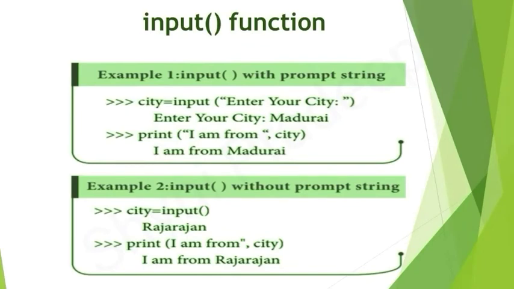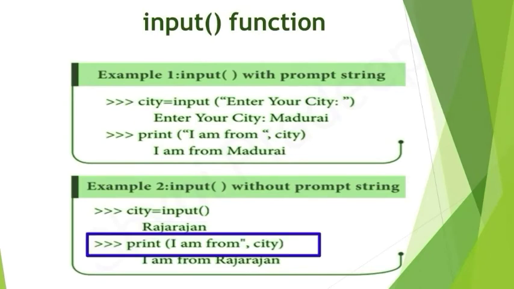So no message is displayed on the screen. So nothing displays in the monitor. So you don't know what you have to type as input. In this situation, you may type irrelevant data like this, because here prompt string is not displayed. So you have no idea what you have to give as an input. So you are writing irrelevant data, which means unexpected input.